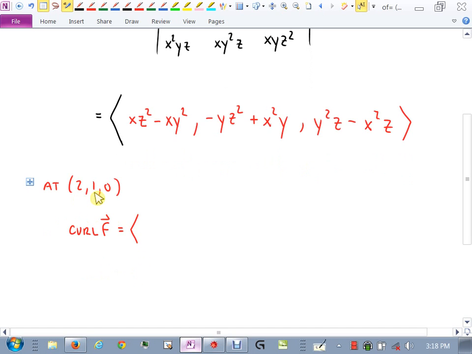Plugging in 2 for x, 1 for y, and 0 for z, I think we get negative 2, let's see here, 4, and 0. Replacing x, y, and z with 2, 1, and 0 respectively should give you negative 2, 4, 0. That's the curl. It's a vector, right? The curl is a vector. And now the magnitude of the curl is the square root of what?